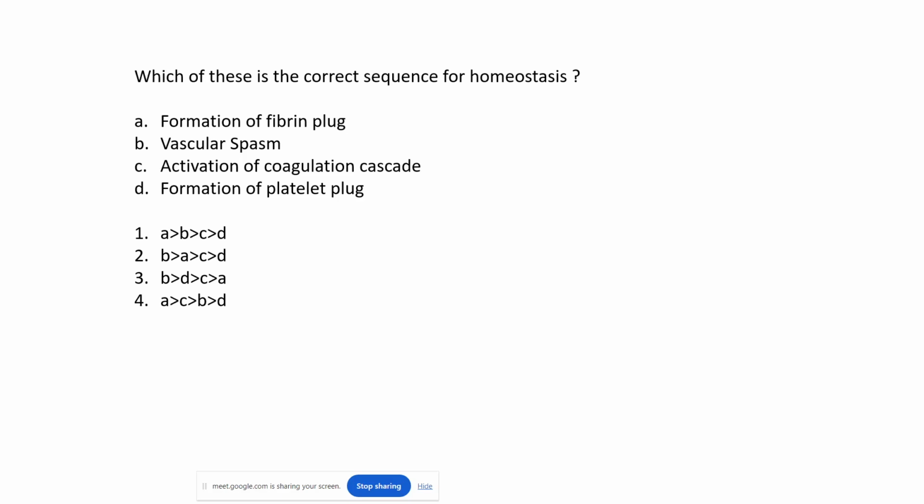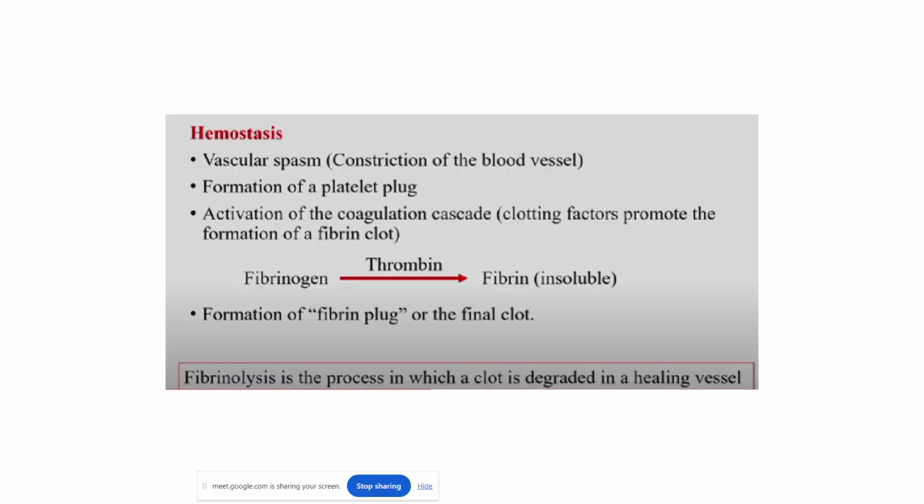Mm, okay. No, the correct answer would be the third option. First a vascular spasm will occur near the tissue injury, followed by formation of a platelet plug, and then eventually it will activate the coagulation cascade, and lastly there will be formation of a fibrin plug. So the correct answer would be option 3. Okay, I have the slide as well.